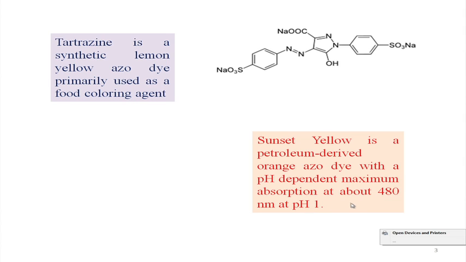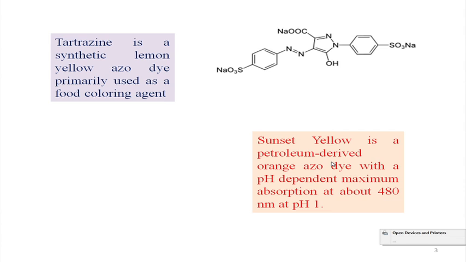Earlier, whatever we have seen in the case of your methyl orange and methyl red indicator, you can have two forms because you go for the deprotonation of the phenol part, but here we do not have any phenol part in these molecules. So, you do not have any form like HIn and In minus. This is the only form.